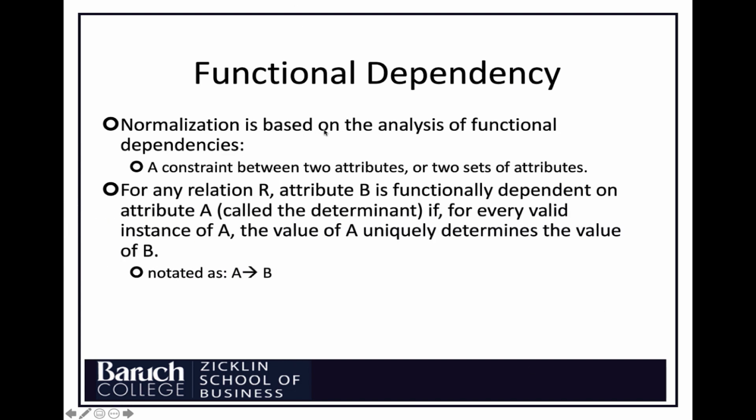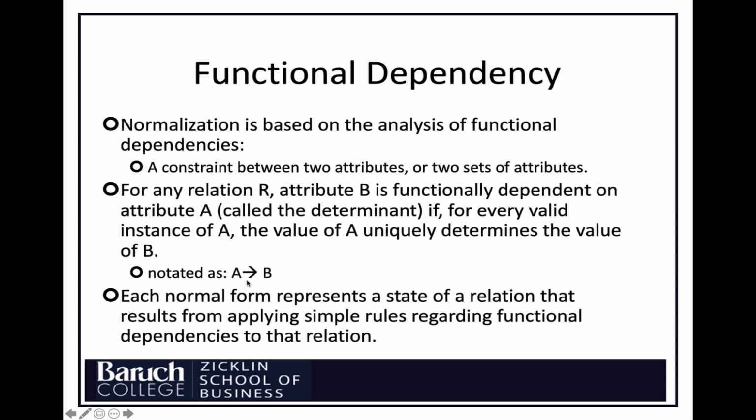So what do we call a dependency? For any relation R, attribute B is functionally dependent on attribute A if for every valid instance of A, the value of A uniquely determines the value of B. So basically, we can think of A identifying B. Think of it as a key, as an identifier for B. If that exists, we're talking about functional dependency.